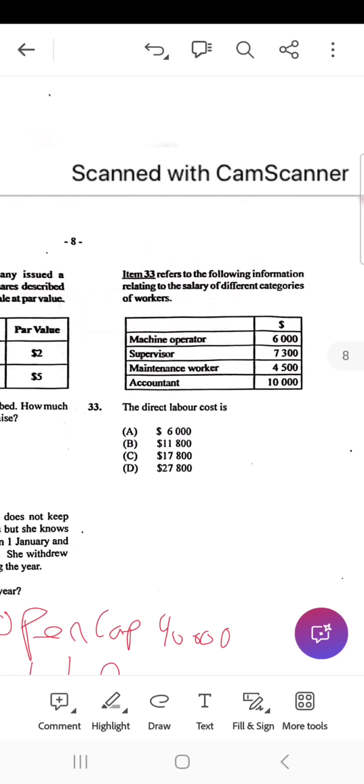The supervisor would be paid a salary. The maintenance worker will be paid based on the work he does, and that will have nothing to do with the level of production. And then the accountant has nothing to do with making the good at all in the first place, so he won't even be a production cost. So the answer here is just the machine operator, 6,000.